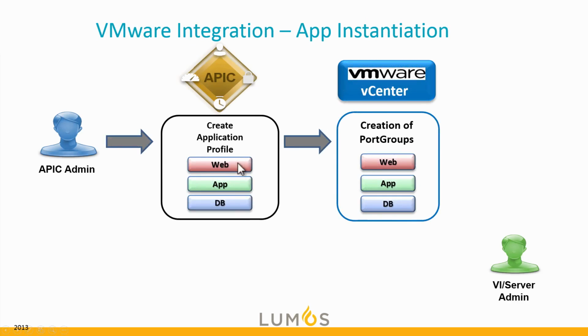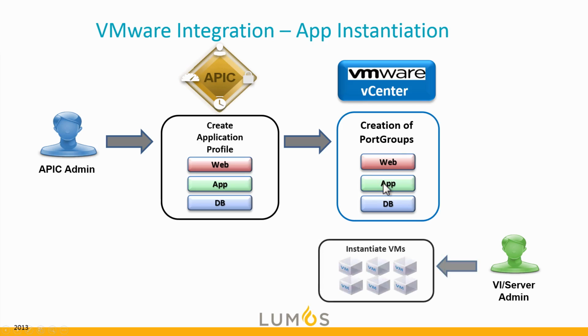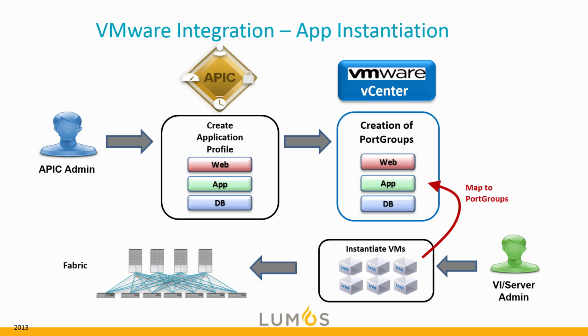The EPGs that get created in the application profile get pushed to VMware. And then the vCenter admin instantiates the VMs, or maybe they have existing VMs, and they map those to the port groups. And then that gets learned by the fabric, and we have traffic at this point after policy is downloaded.